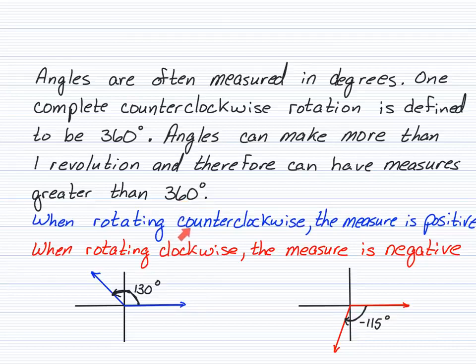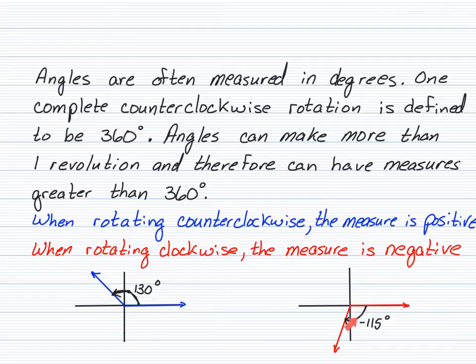When rotating counterclockwise, your measure is going to be a positive angle measurement. When you are rotating clockwise, the angle measurement is going to come out to be negative. So for example, on this angle here, it has been rotated counterclockwise, and so therefore this is a positive 130 degrees.